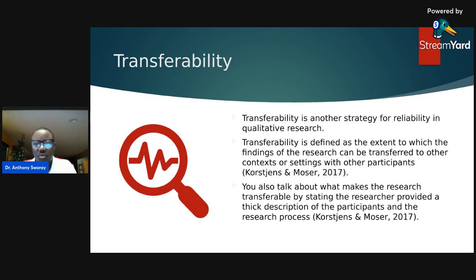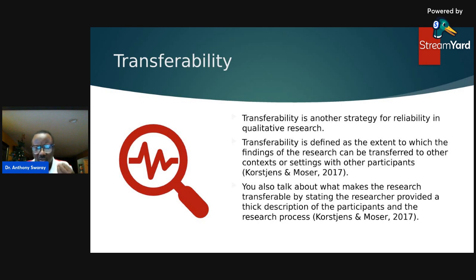All right. You also talk about what makes the research transferable by stating the researcher provided a thick description of the participants in the research process. So once you talk about transferability, how the research can be transferred to other contexts or settings with other participants, you also talk about the thick description.